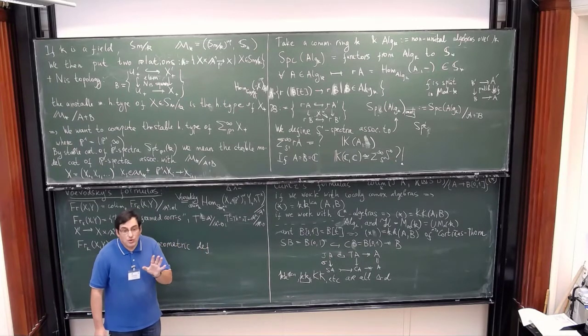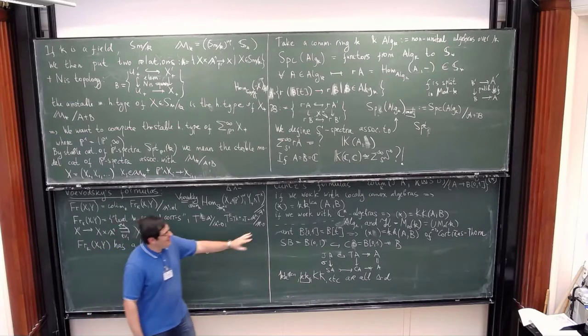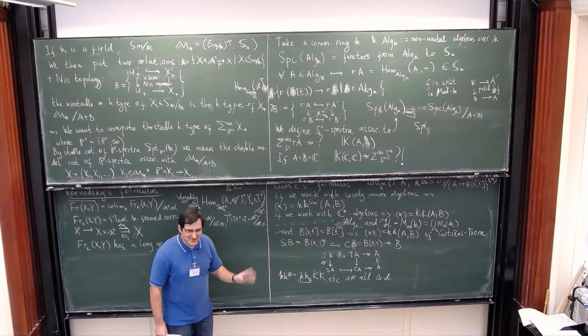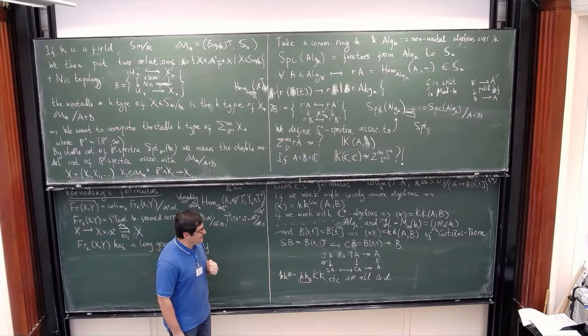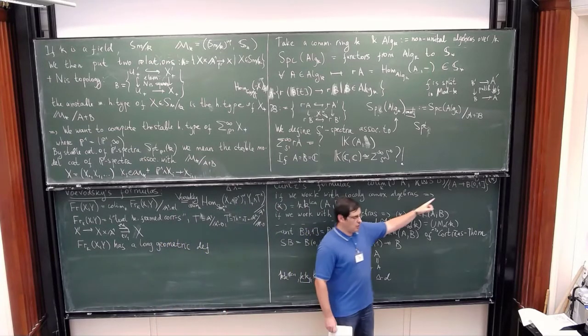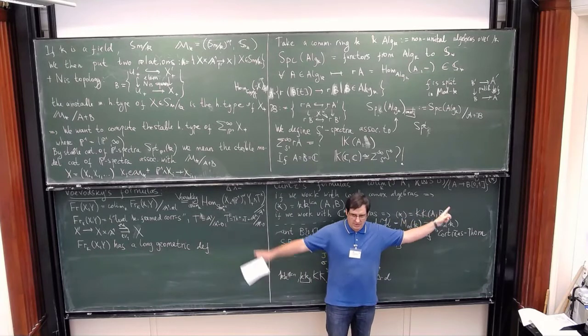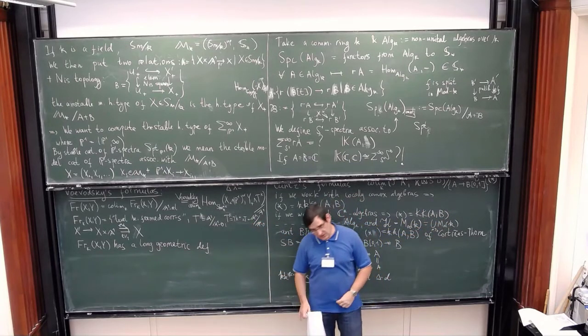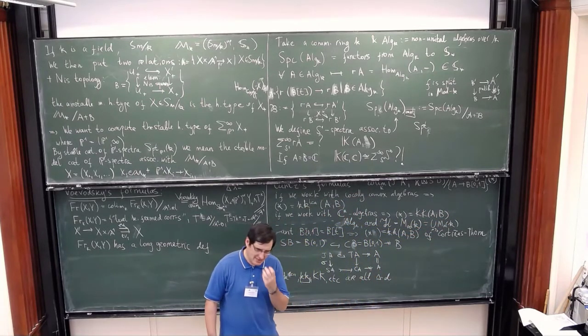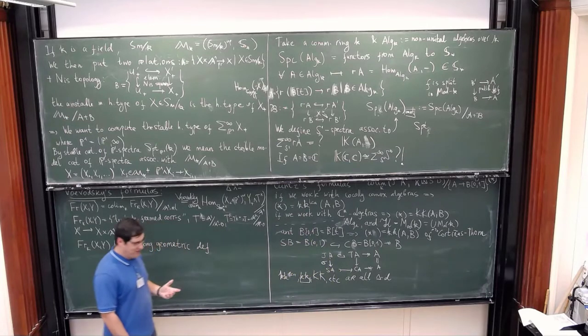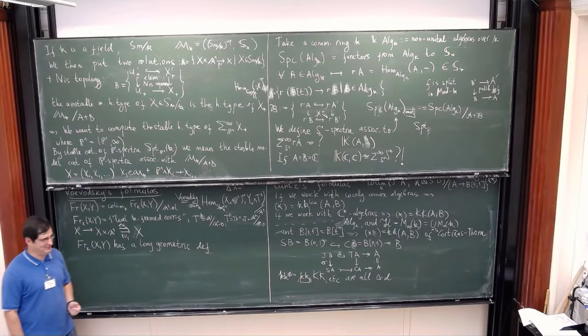J is not smashing, in fact, or tensoring with anyone. Of course, I'm writing everything modulo A1 homotopy, as well as here. There are of course differences. I'm just talking about visual similarities.